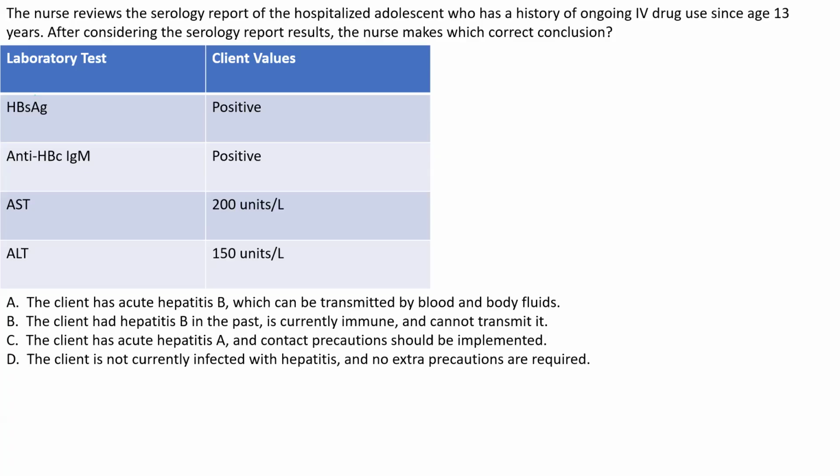All being elevated indicates that the liver has been injured. Hepatitis is an injury to the liver. Transmission of the hepatitis B virus occurs through contact with infectious blood or other body fluids, and all we have to do is implement standard precautions.